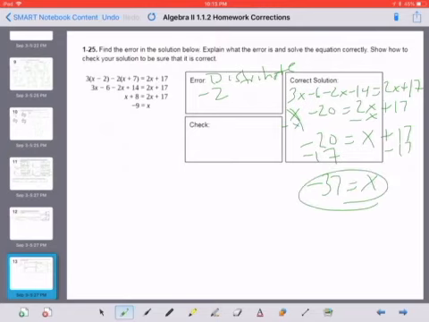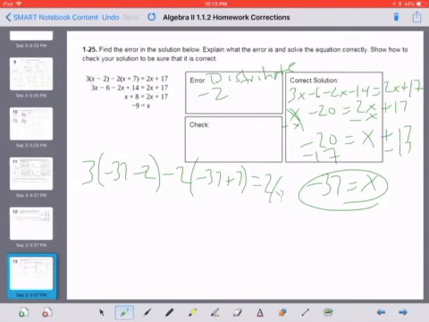And then if I wanted to check it, which I should, I'm going to check it kind of below, just because writing on here makes my finger a little big. So 3 times -37 minus 2 times -37 plus 7 should equal 2 times -37 plus 17.